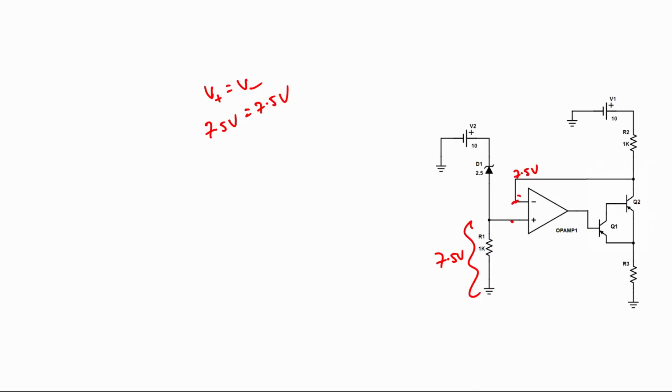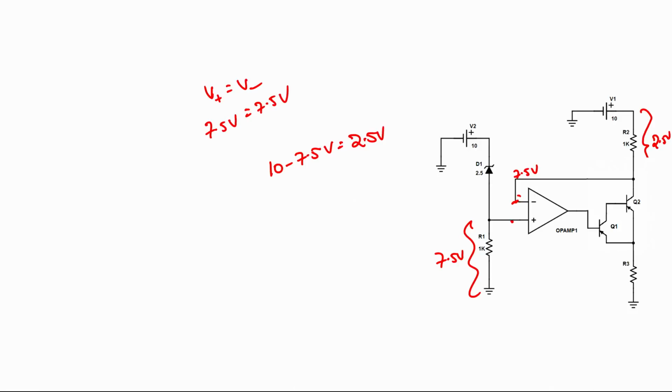Since it is directly connected to here, the drop across this particular resistor is nothing but 10 minus 7.5, so it is 2.5 volts of drop. So I know the voltage drop across my resistor, and I know the resistance value.